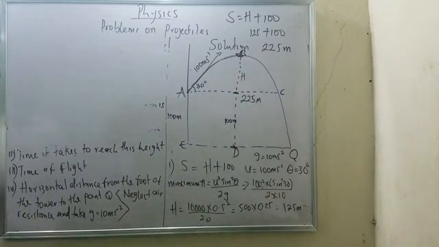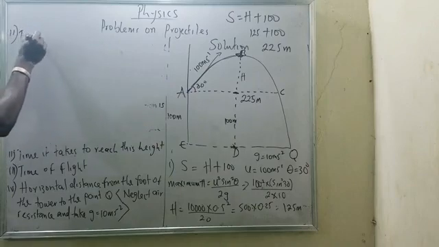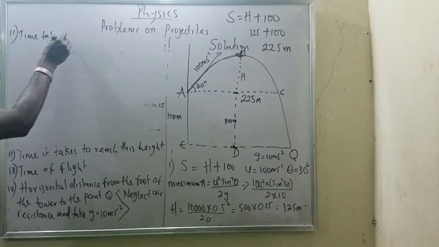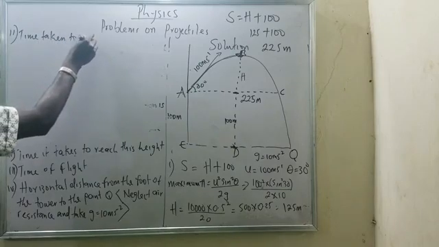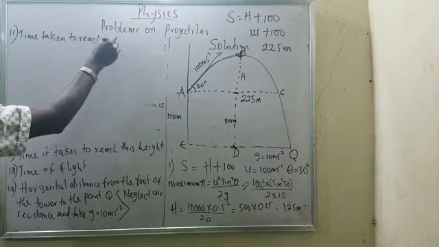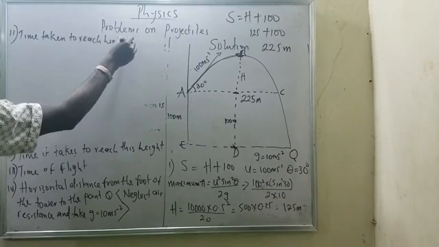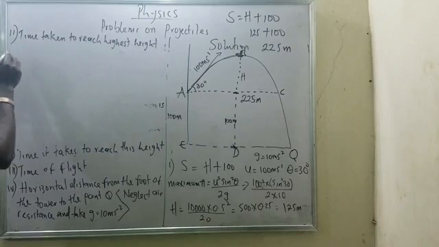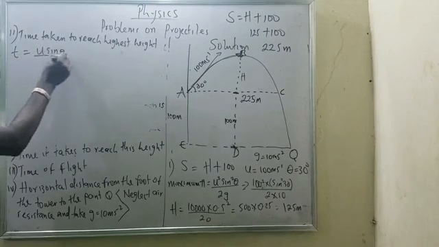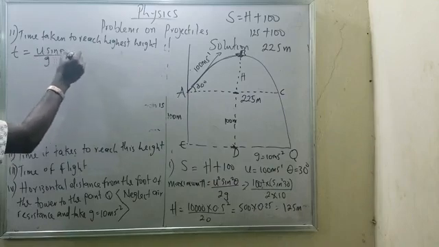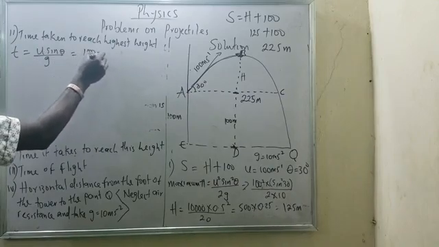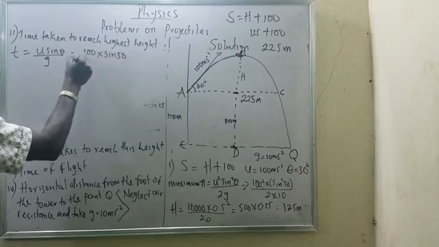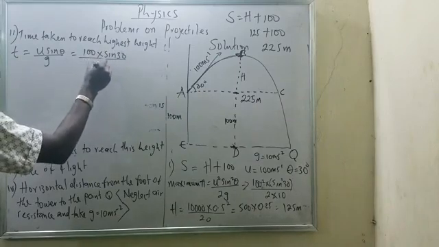Okay, number 2. Time taken to reach the highest point is t equals u sine theta divided by g, which will be equals to 100 multiplied by sine 30 divided by 10.